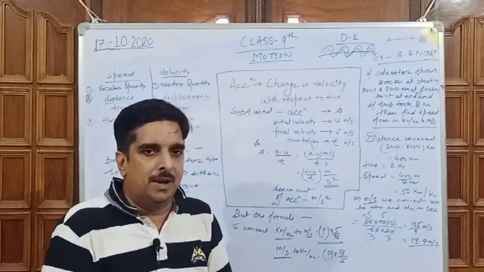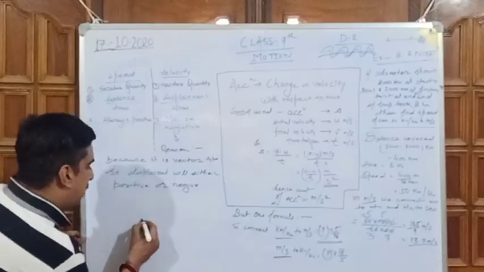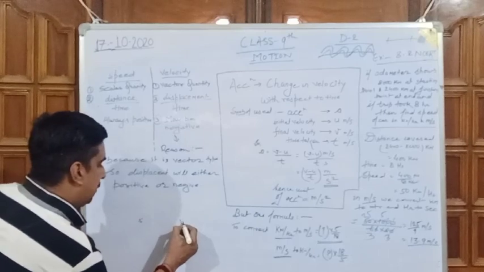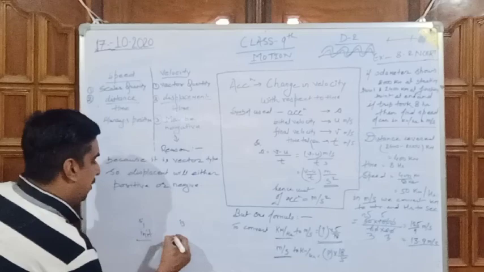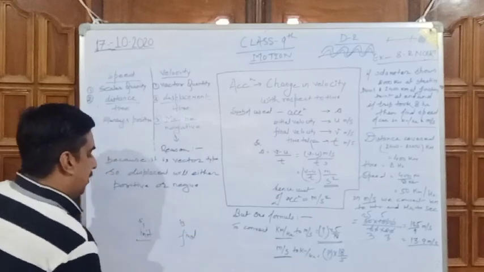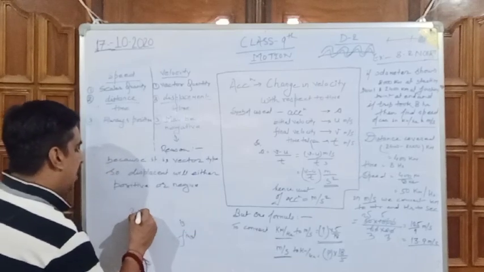Now for an example, we discussed point A and point B. This one is the initial point and this one is the final point.